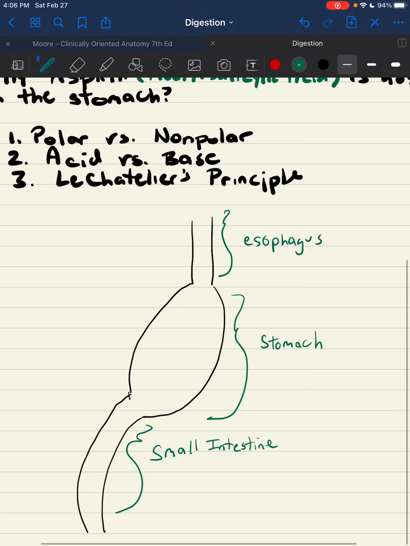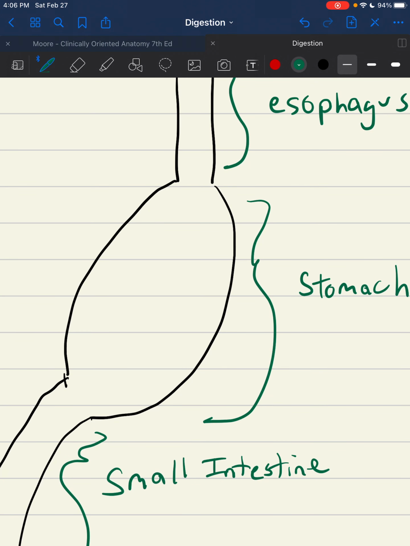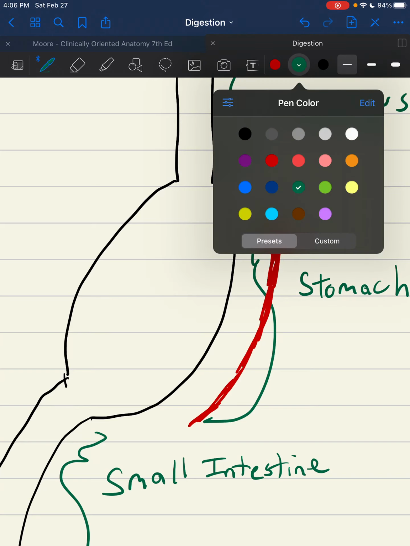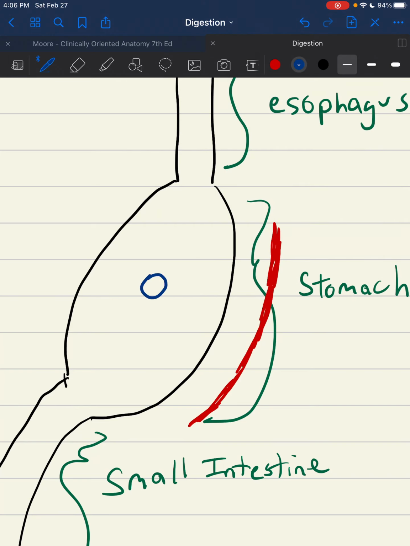Why is that? Well, if we zoom right in over here, let's assume that there actually are blood vessels around our stomach, right? And the goal, if you are aspirin, is to get from the stomach into the bloodstream.